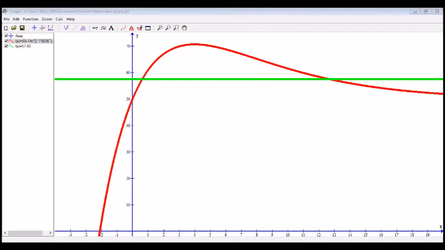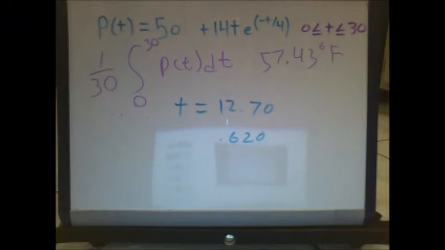To find the x values that satisfy the IVT for this problem, you just find the intersection points. So as we saw on the calculator, the values that satisfy the intermediate value theorem for integrals for this problem are t equals 12.7 days and 0.620 days.